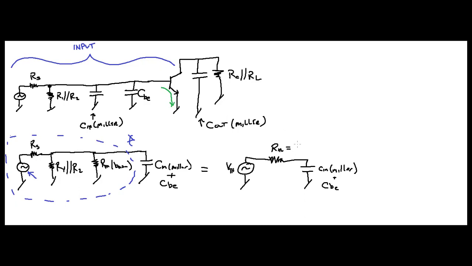So let's just start, I guess. RS in parallel with R1, in parallel with R2, in parallel with R in base. In this example, R in base right here would be beta RE prime.